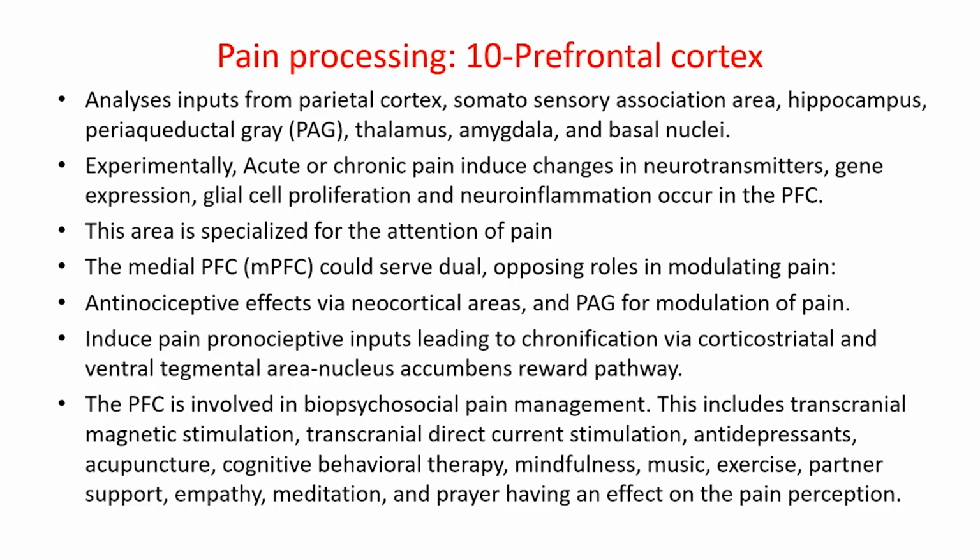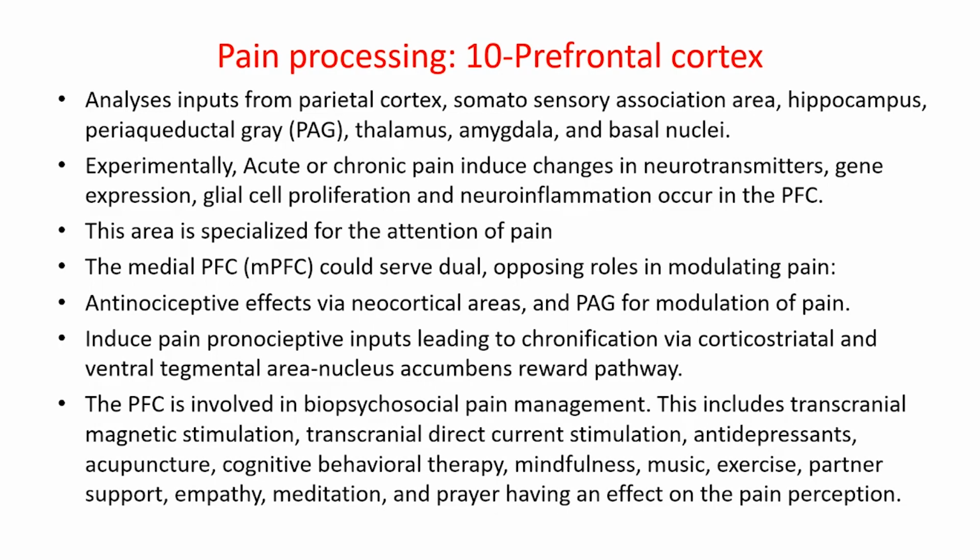This area analyzes the inputs from the parietal cortex, that is somatosensory area 1 and somatosensory area 2, and the somatosensory association cortex, that is practically all the parieto-occipito-temporal association area.